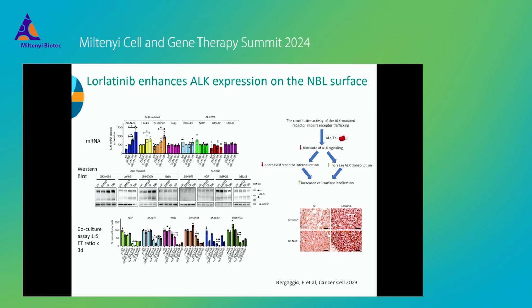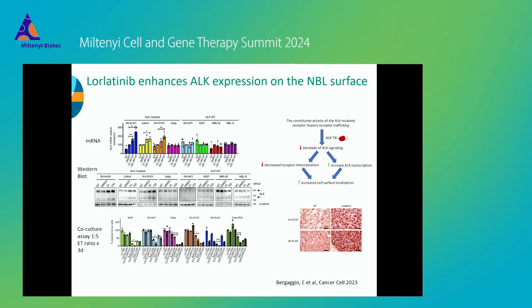It is true in vitro, and it is true also in vivo. For example, this is exactly the same tumor by immunohistochemistry, which is a semi-quantitative assay but still provides a clue. You see without lorlatinib, with lorlatinib, how the intensity of the staining changes. Of course, we validated this by flow cytometry and by multiple other means, and it's true.